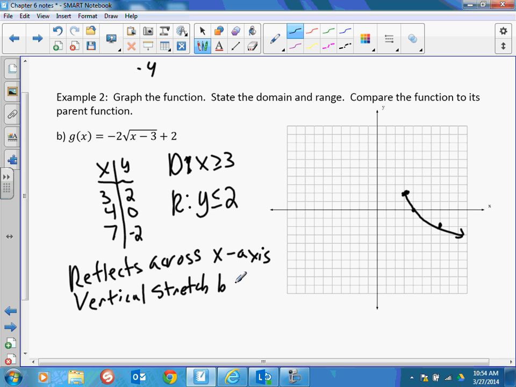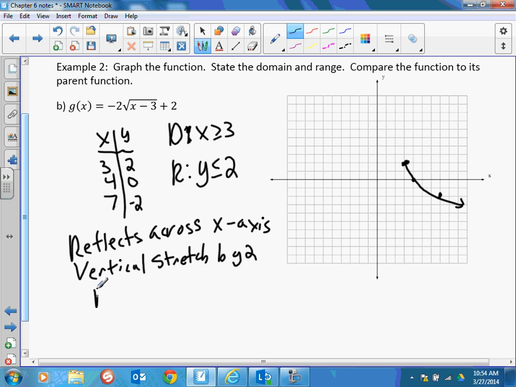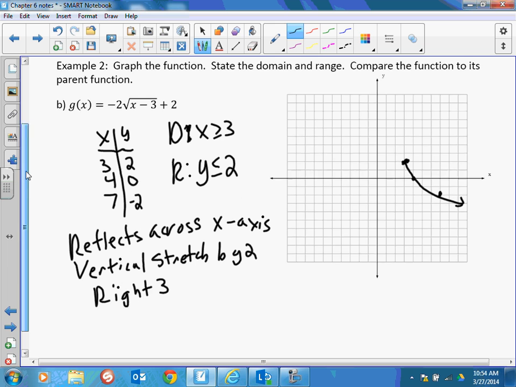If you want to put "by 2," you can, because that's how much the vertical stretch is, whatever that number is. Then the x minus 3 moves it right 3, and the plus 2 moves it up 2.